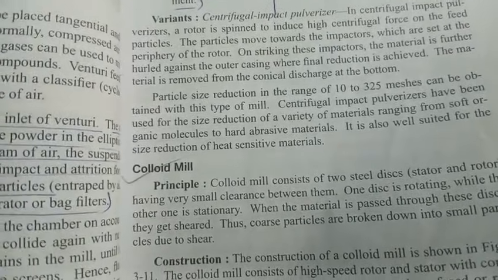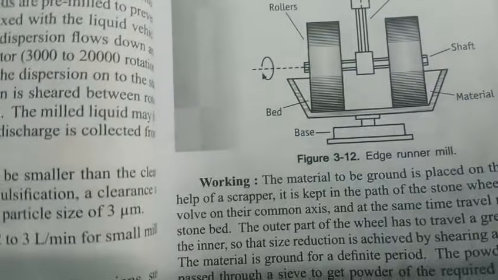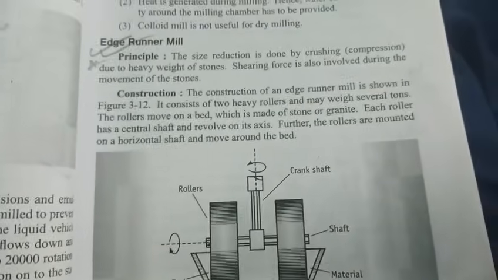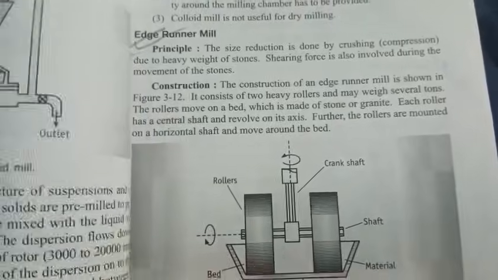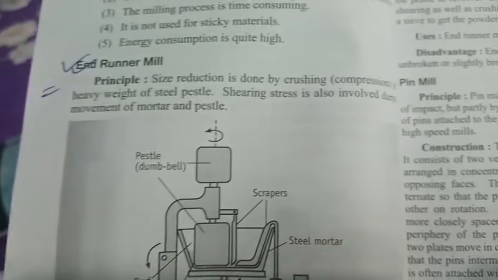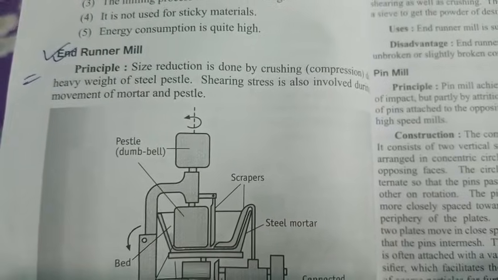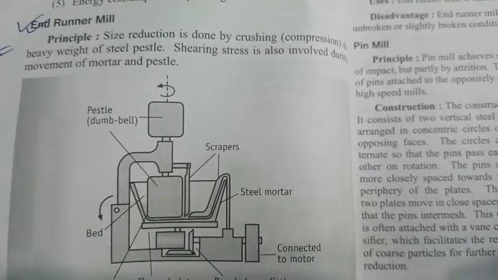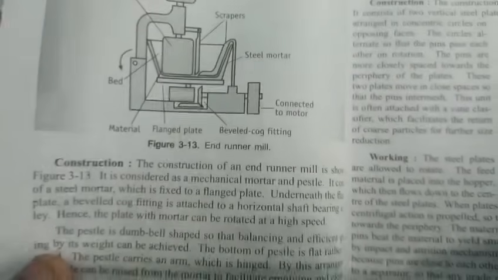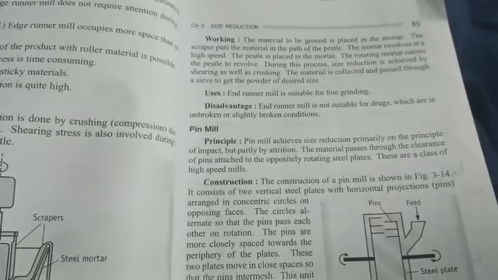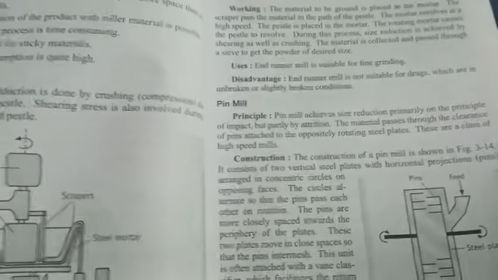Then the colloid mill. What do you mean by colloid mill? What is the principle and construction of the colloid mill? Edge runner mill: what are the principle, construction, advantages, and disadvantages of the edge runner mill? Then the end runner mill: what are the principle, construction, and working procedure?